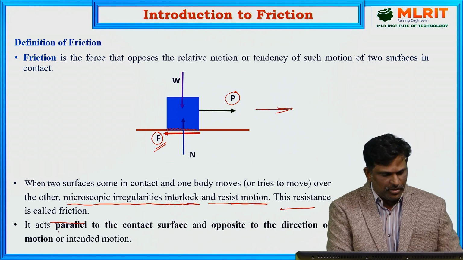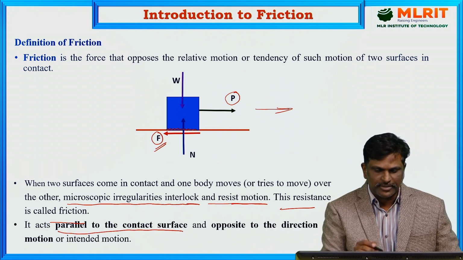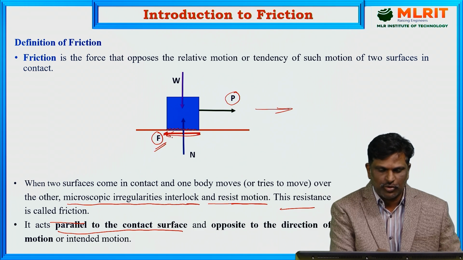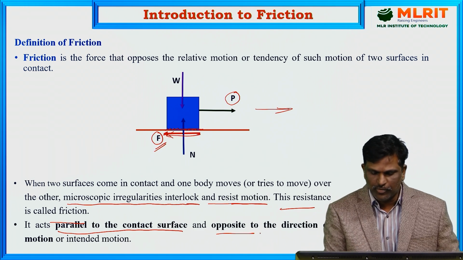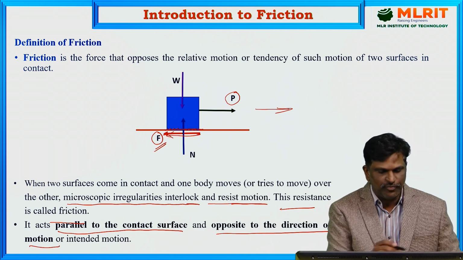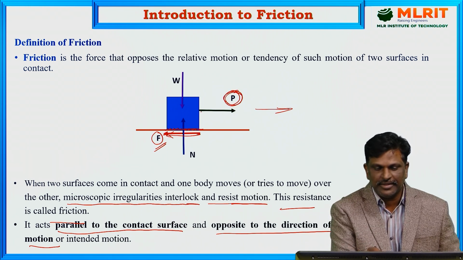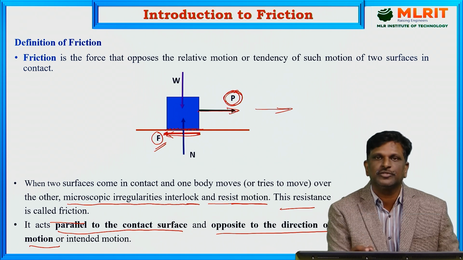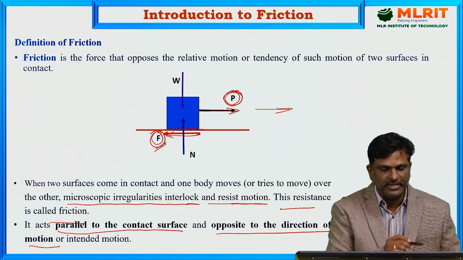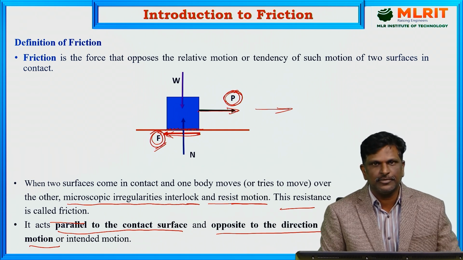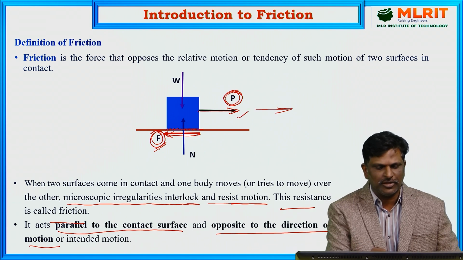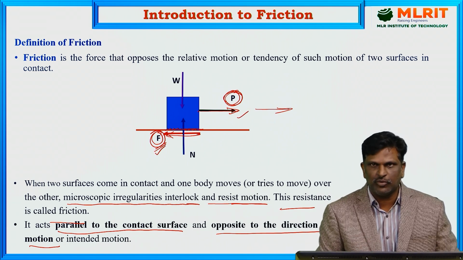The friction is always parallel to the contact surface and opposite to the direction of motion. Here the body is tending to move in the direction of applied force. Therefore, friction is in the opposite direction to the applied force or motion of the body.